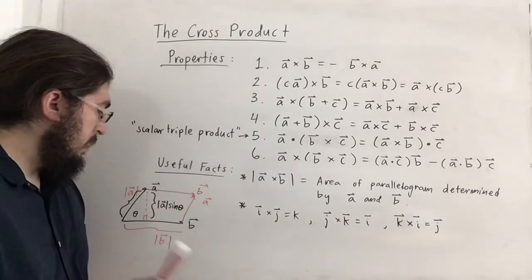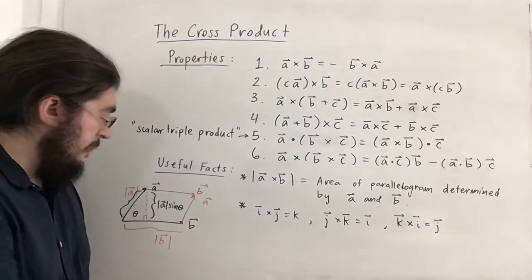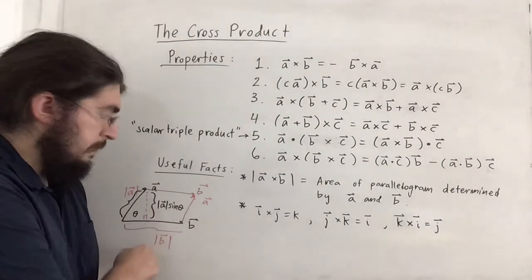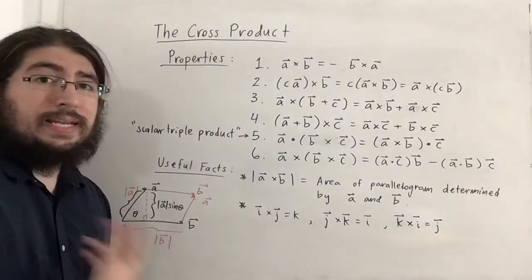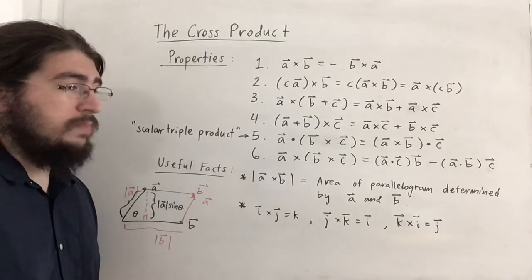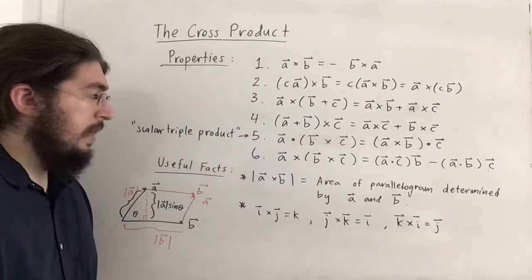And notice, if you do base times height to find the area, you just get the magnitude of A times the magnitude of B times sine of the angle, and that exactly is the magnitude of A cross B, just like we showed in the previous screen.